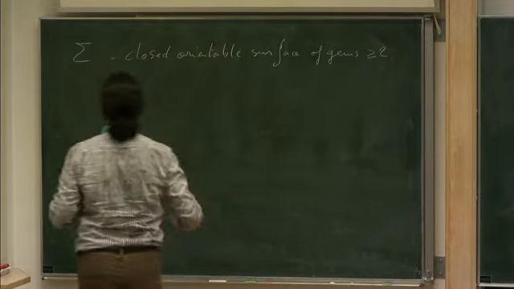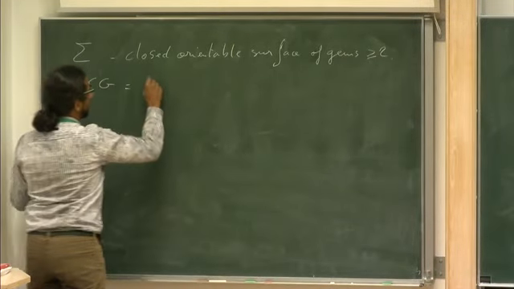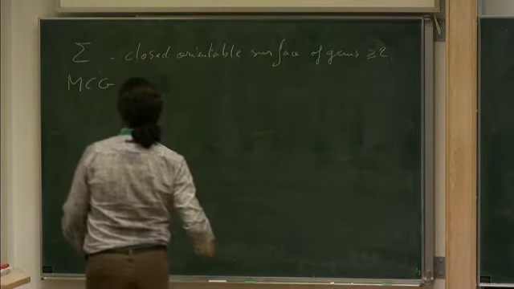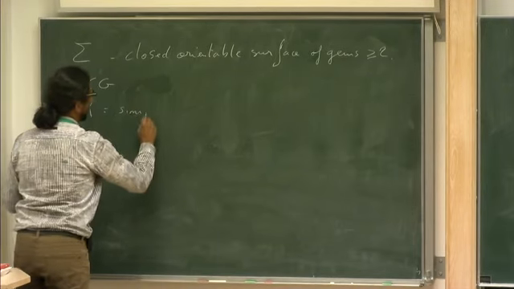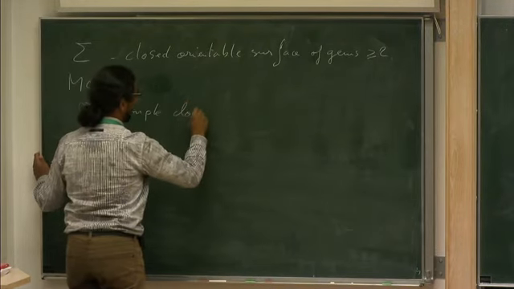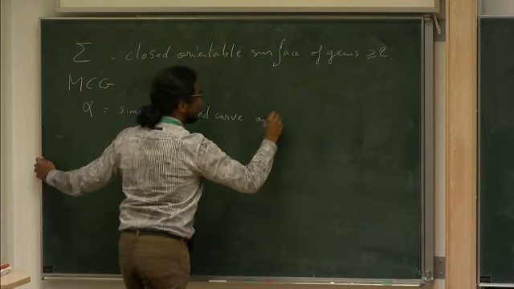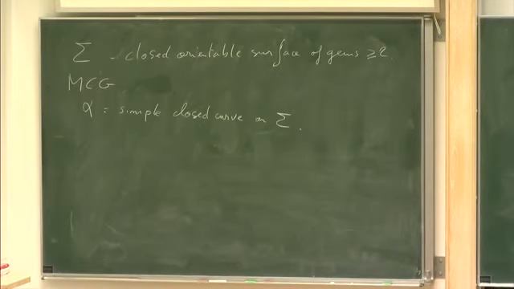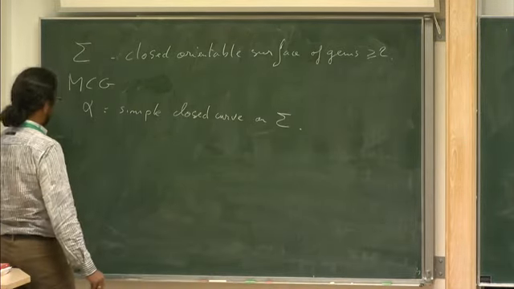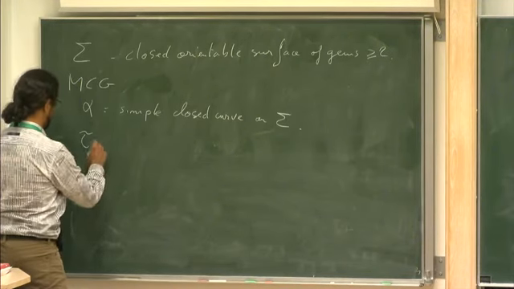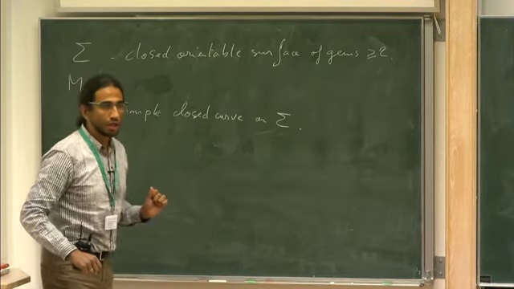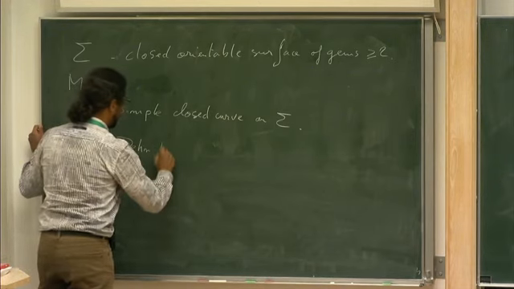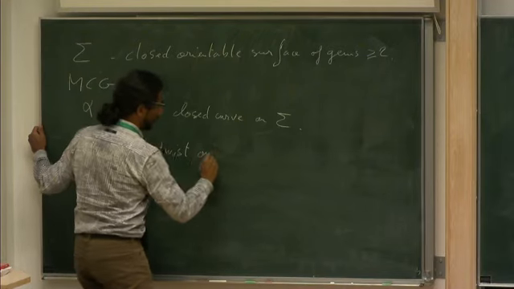The mapping class group of sigma will be the mapping class group of sigma. Alpha will be a simple closed curve on sigma, and we are interested in the question, oh, yes, tau alpha will be the simple Dehn twist around alpha.